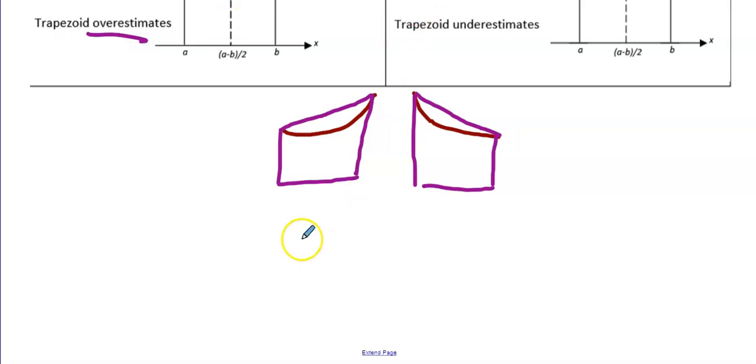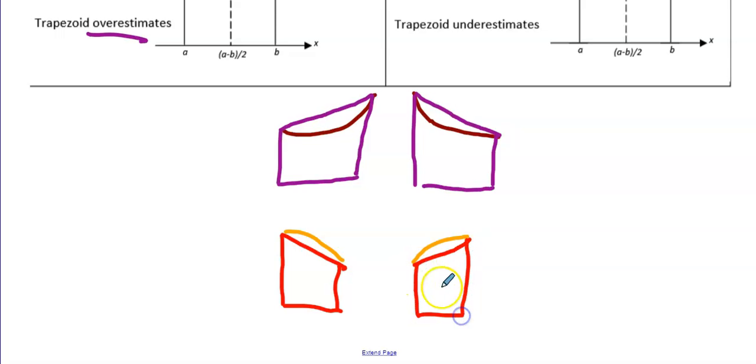If I look at concave down, and it doesn't matter if it's strictly increasing or decreasing, I do the same thing. I connect my 2 endpoints and create a trapezoid. So if it's concave down, then the trapezoid is going to be an underestimate.